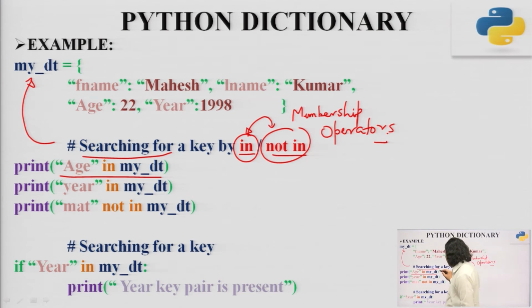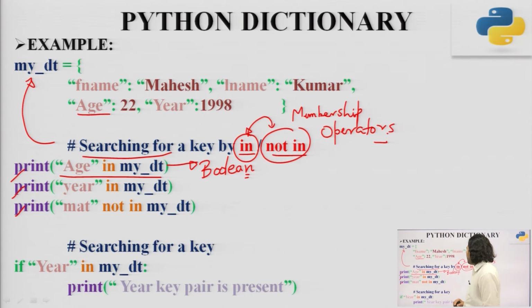I have already told you that whenever we are asking such type of questions to the interpreter, the answer is always in terms of Boolean data type. So, for these three statements, the output is in terms of Boolean data type. Since in myDT variable the age key pair is available, the answer for this is true.